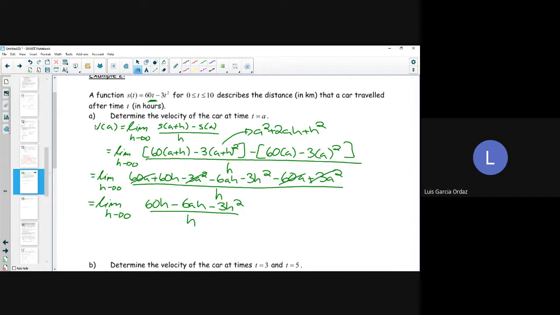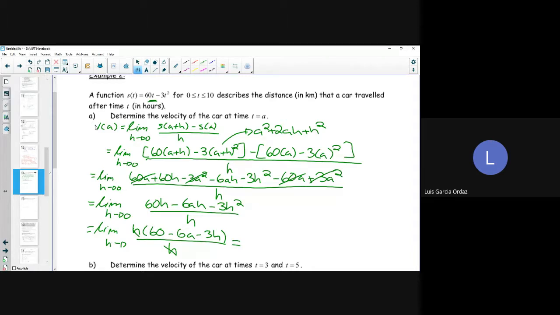Sorry to Kushbu, I kind of messed you up when I didn't change it from positive to negative. That was my mistake. So all I can do now is factor out an h from my numerator. So my h's cancel out, which means I can just sub in 0 for h.